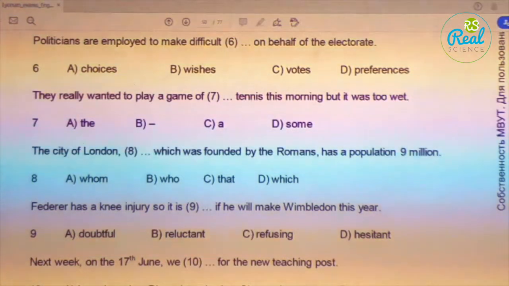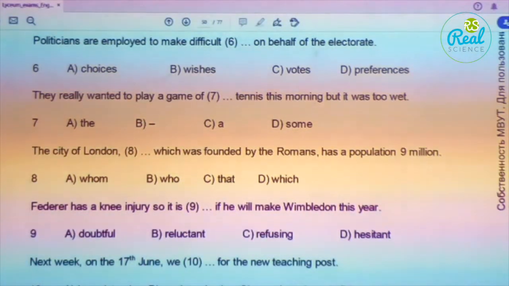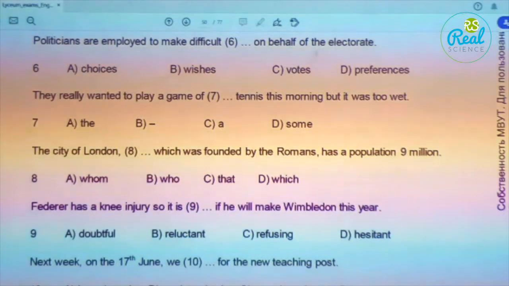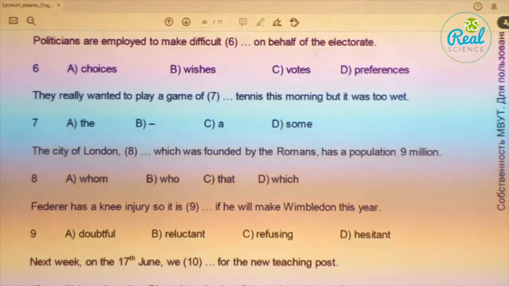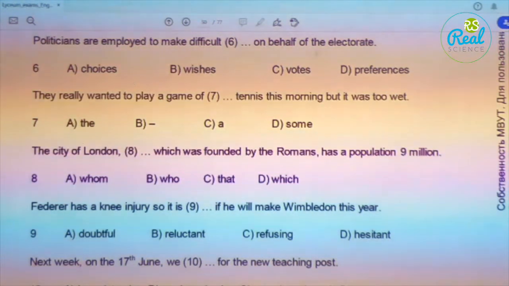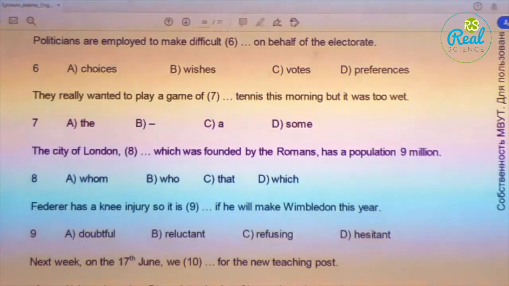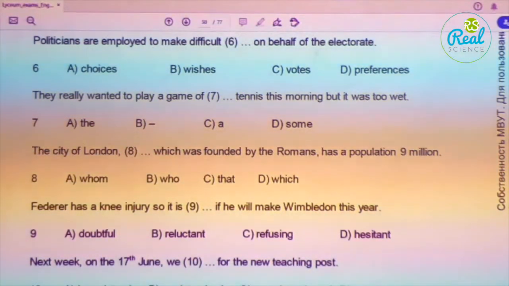In that case, you look at the passive voice form. So if you are forced by somebody, in that case, of course, you have to say, I am forced. But actually, it's a verb, not an adjective.